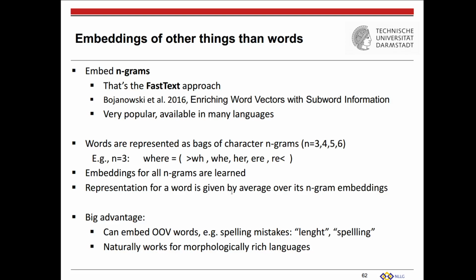What other things can we embed? We can embed n-grams. So what are n-grams? Again, this is a language independent unit that just says we want to embed two, 3 or 4 units of the same thing. So an n-gram is just a sequence of n units, and these units could be words.